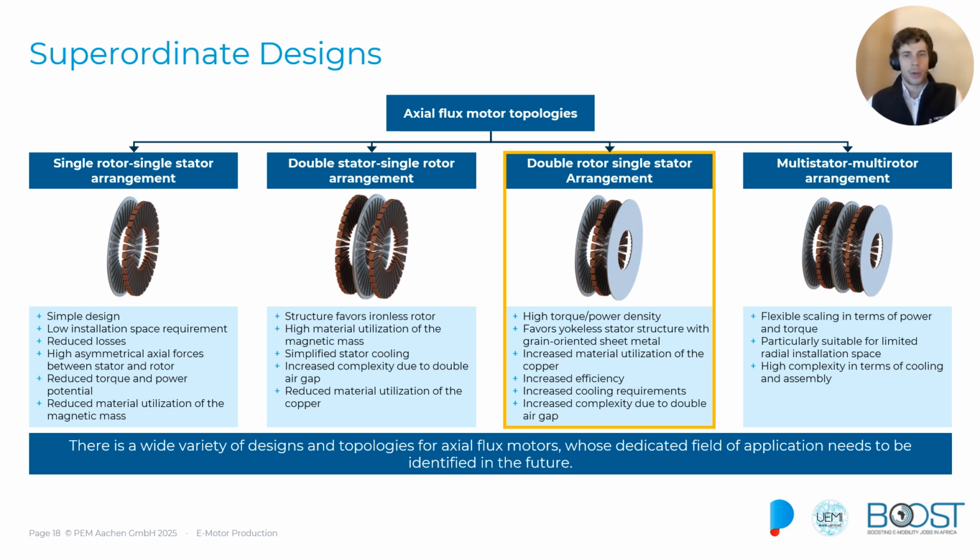We could double the stator, or what we see the most, double the rotor and stay with a single stator. Or we add even more stator and rotor discs to the motor. All of them come with different advantages and challenges, whose dedicated fields of application need to be identified in the future.